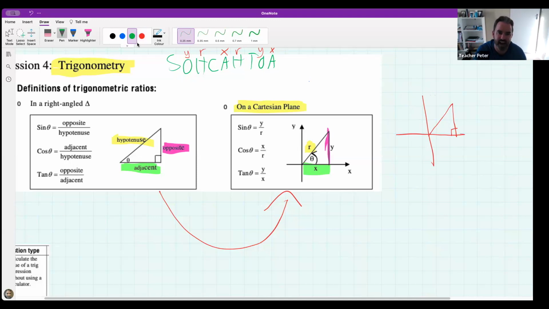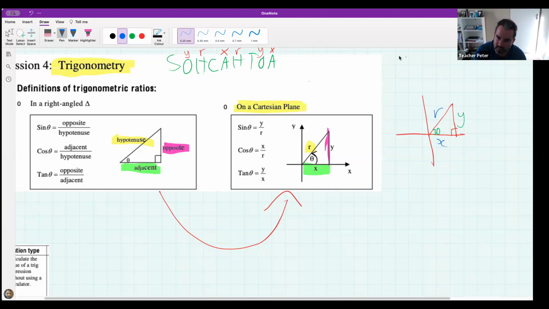And I want to know what is the ratio. So this is going to be y, or it can be O if you like, depending on which thing, over here. Oh, let's leave it as y. This one over here is going to be x, and this one over here is going to be r.